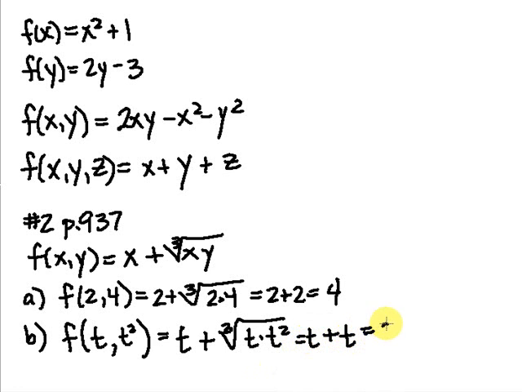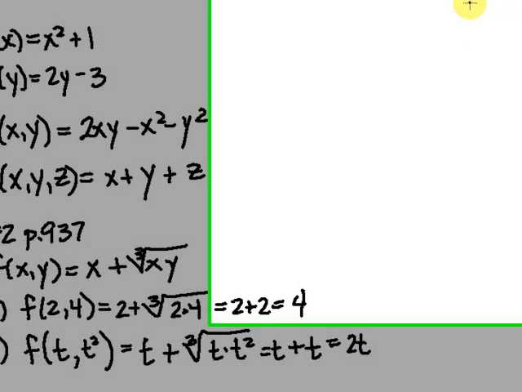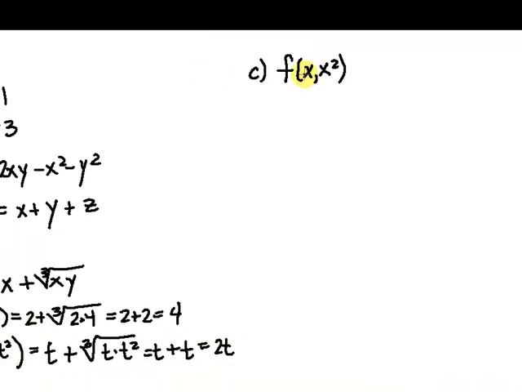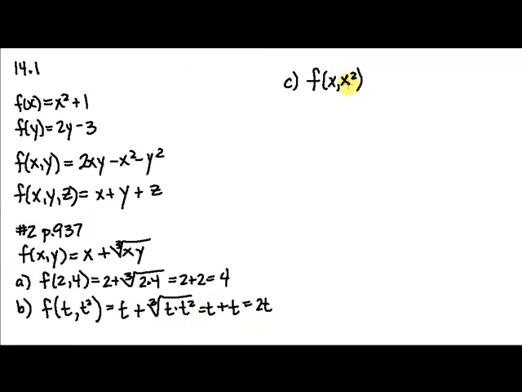Let's try another one. Part C. Now in this part, it's a little more confusing for people. You have to be a little more careful, because notice that we're plugging in x and x squared. At least one of the same variables appears that we had in the original function.